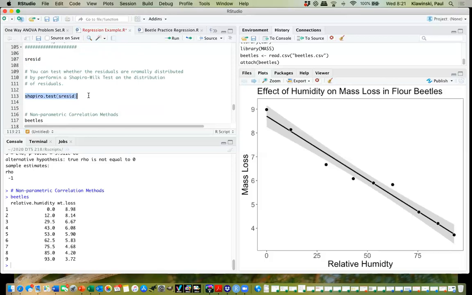That's how we generally test the normality assumption, because we only have one observation at 0 humidity. We only have one observation at 12% humidity. But that's exactly the kind of residual manipulation we do when we test Shapiro-Wilks tests for an ANOVA, whether it's a one-way ANOVA or a two-way ANOVA.